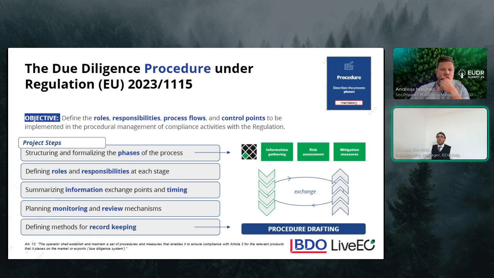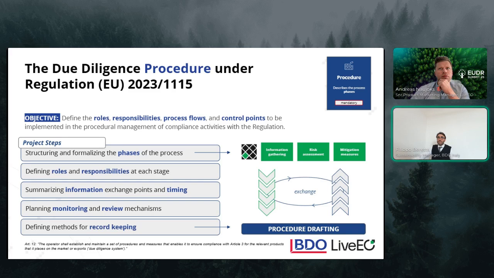Thus, between the performance of information gathering, risk assessment, mitigation, and declaration activity, there must be a two-way exchange of information within the procedure. This exchange serves the initial phase of the formalization of the processes, and later, to check the processes are working correctly, and in case of the need to modify the processes to make them more efficient, the procedures can also be modified.